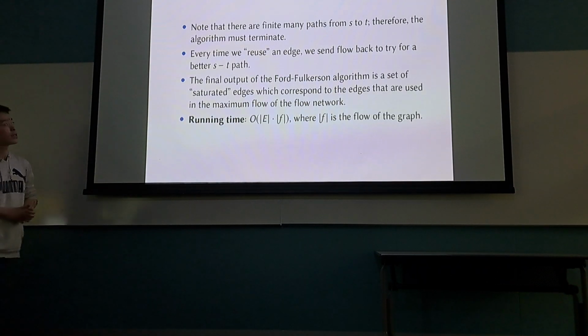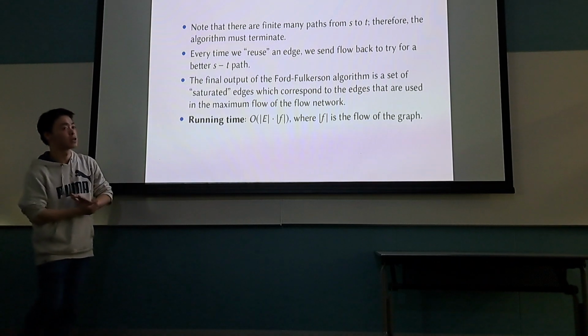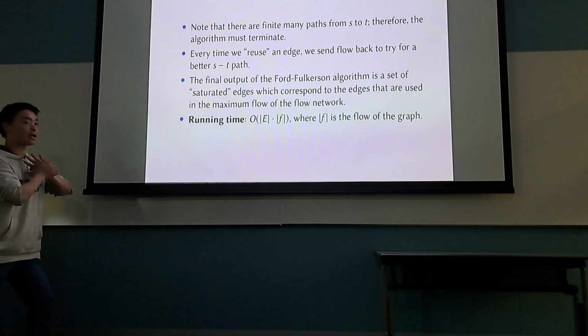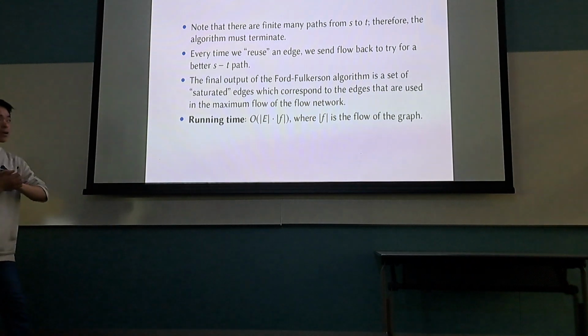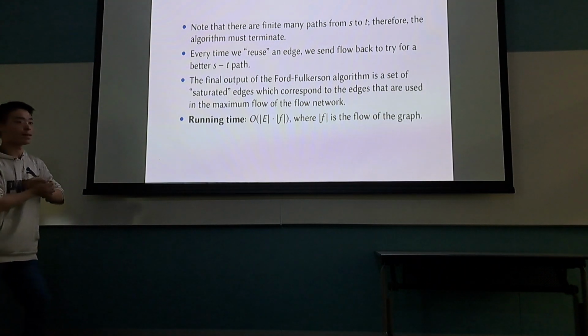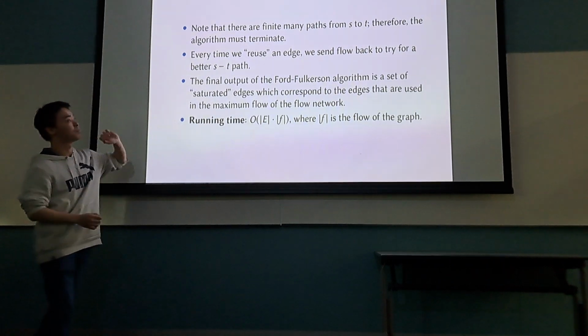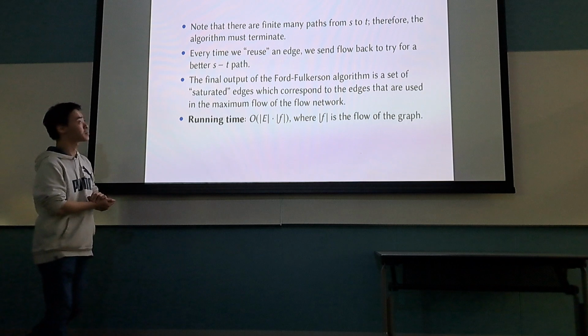Alright, so there are some notes about the Ford-Fulkerson algorithm. Notice that the algorithm must terminate because there are only finitely many paths and only a finite amount of flow that we can send. Therefore, the algorithm itself must terminate.